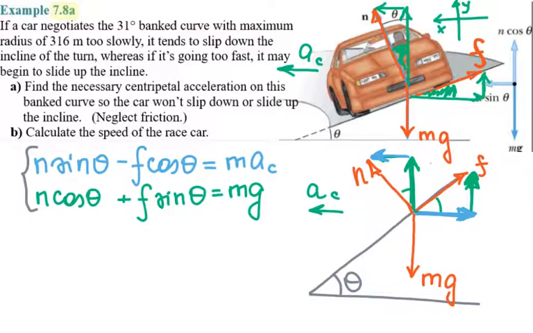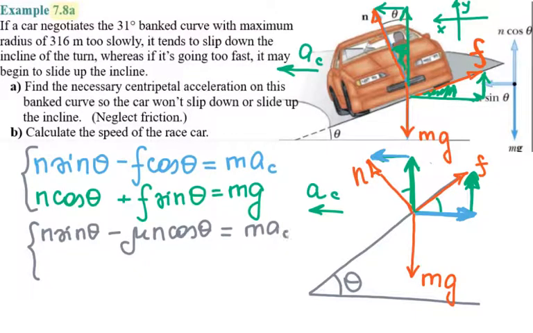I'm going to replace my friction force with mu times n. So for the top equation, I have n sine theta minus mu times n cosine theta, equals m a_c. And for the bottom equation, I have n cosine theta minus mu times n sine theta, equals mg.